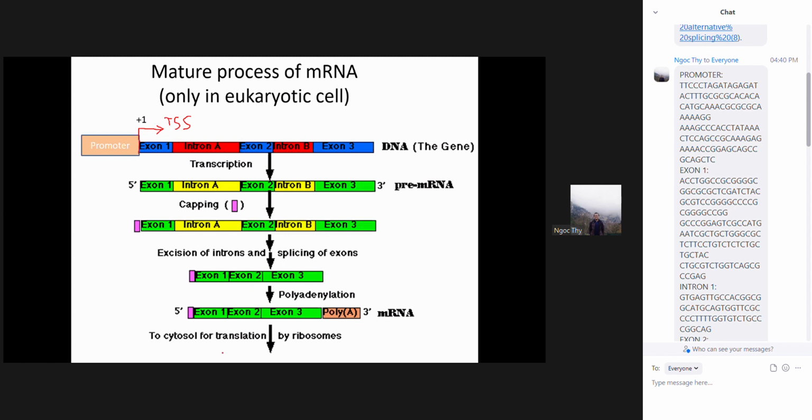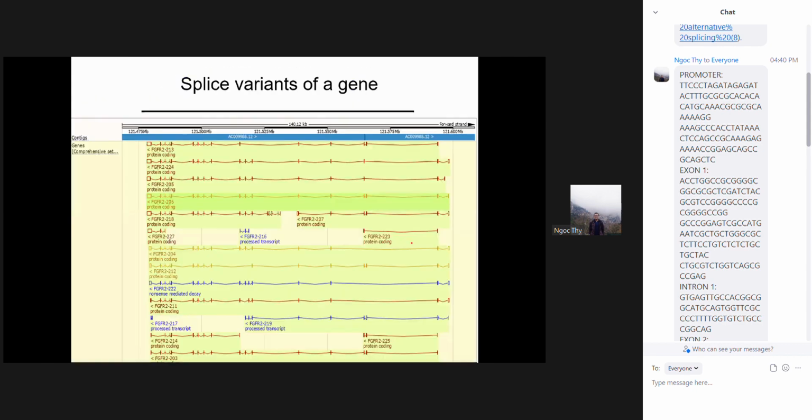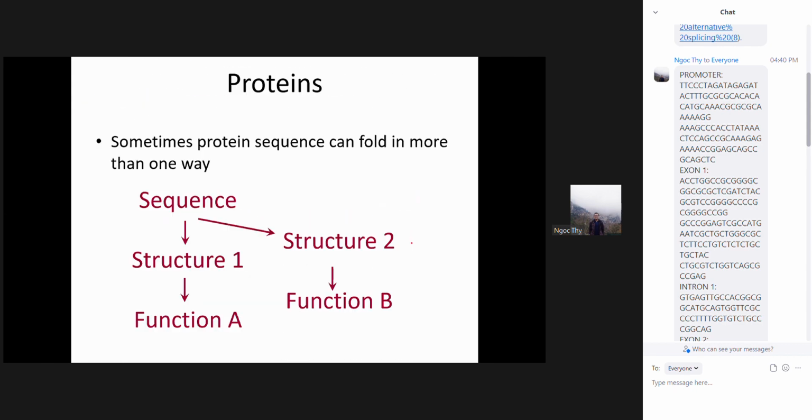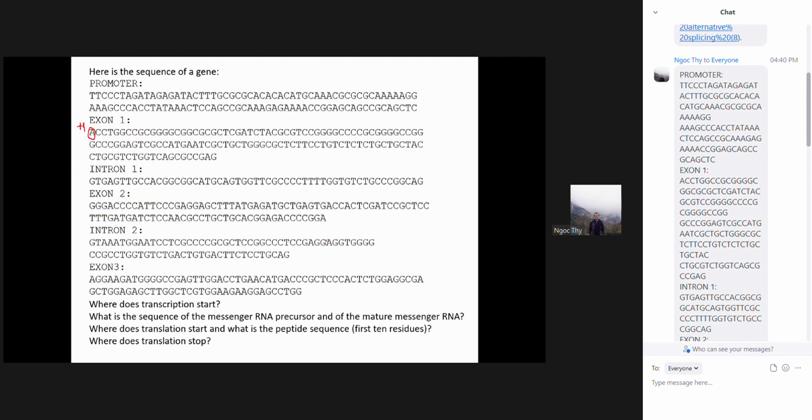As a result, we can see that the precursor includes all the sequence from here to here, and the mature messenger RNA includes only the exons: exon 1, exon 2, and exon 3. Okay, all right. So your answer is correct.